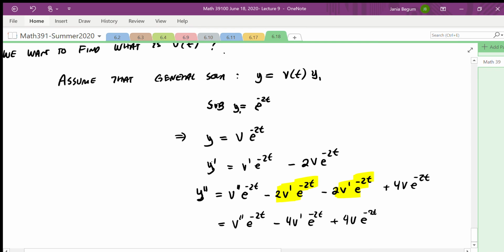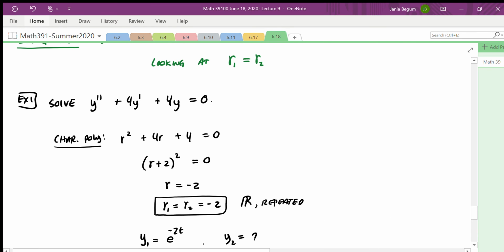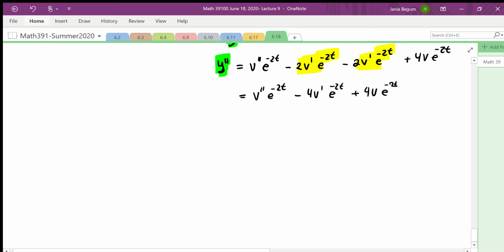Okay, so I have expressions for y prime and y double prime. I'm going to plug those into the original equation and see what we can get. Our original equation is y double prime plus 4y prime plus 4y. So y double prime is v double prime e to the negative 2t minus 4v prime e to the negative 2t plus 4v e to the negative 2t.